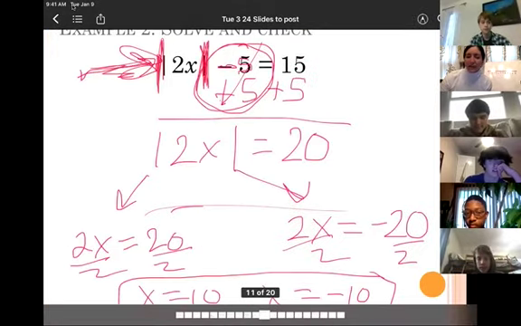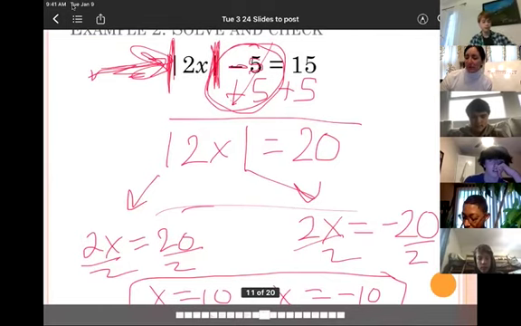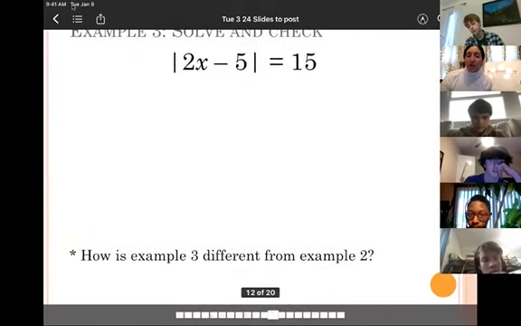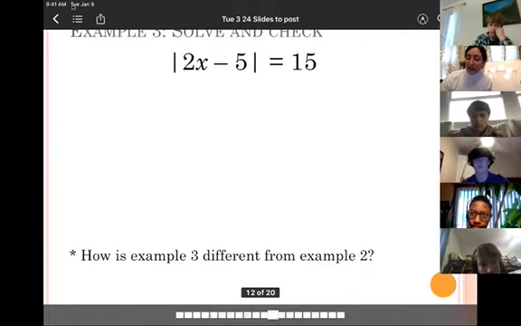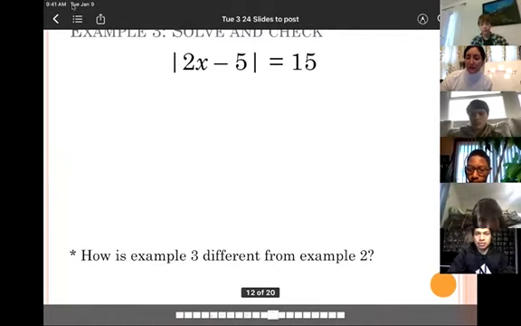All right. Let's try this guy. Now, just looking at these problems, this one's a big mess though. How does number 2, this is the one we just did, look different from number 3? How do they actually look different? When the minus 5 is inside the absolute value this time. Okay. So the minus 5 is inside the absolute value this time.